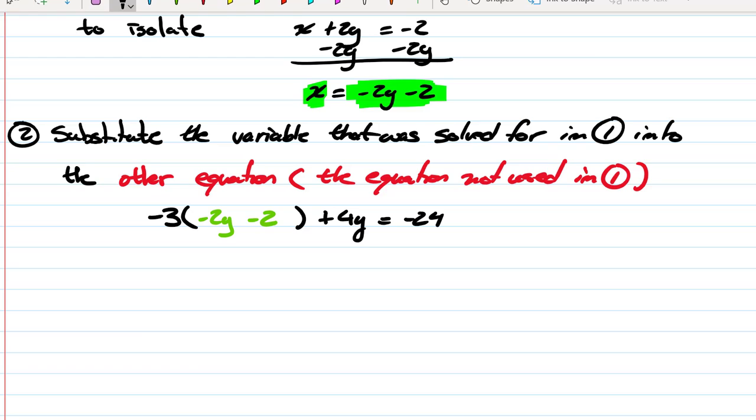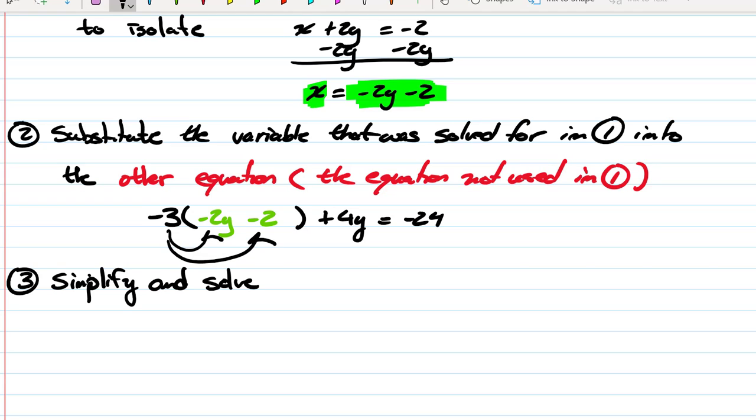Step 3 now is we simplify and solve. We're going to distribute into our parentheses. Negative 3 times negative 2y gives us positive 6y plus 6, plus 4y equals negative 24.